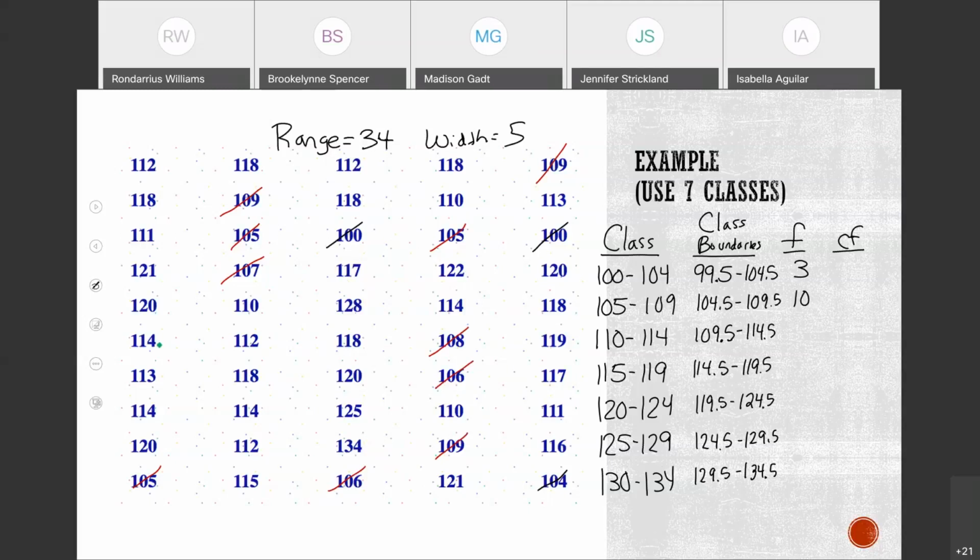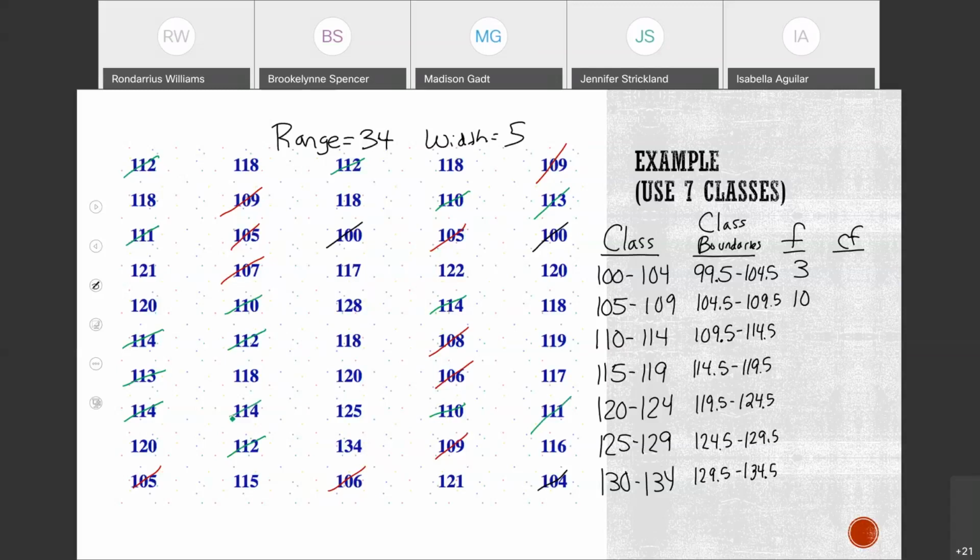All right, 110 to 114. 1, 2, 3, 4, 5, 6, 7, 8, 9, 10, 11, 12, 13, 14. Anything else? There's a 114 right there, the second column at the bottom. 15.